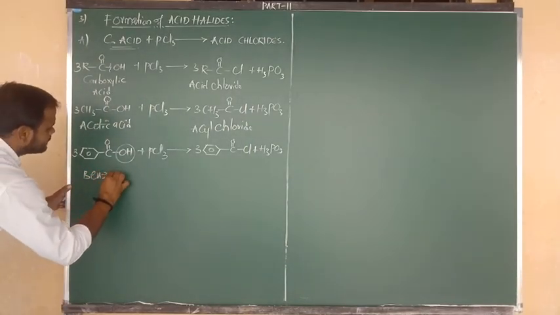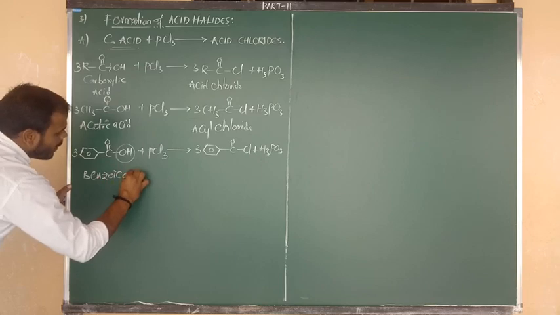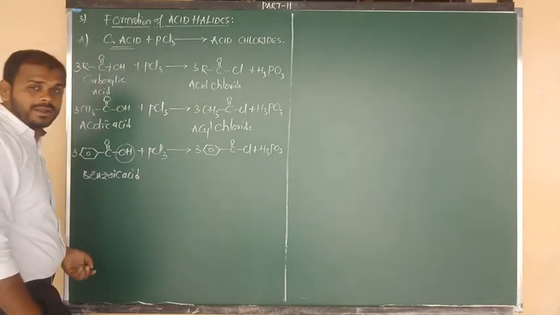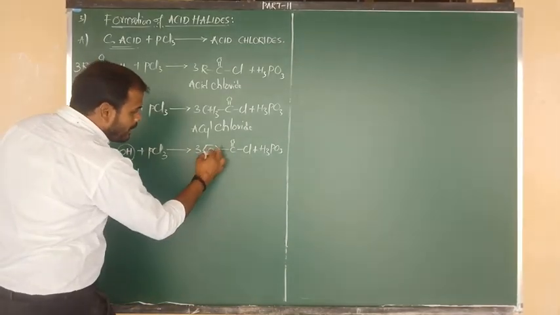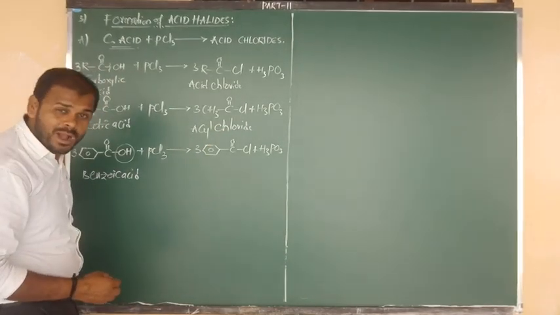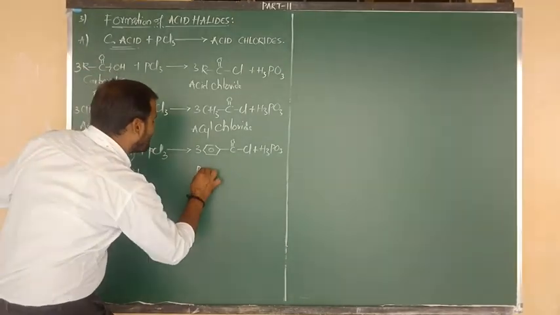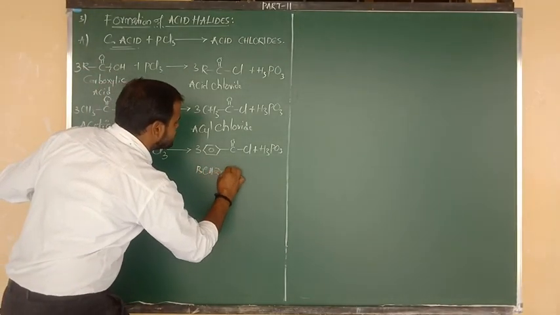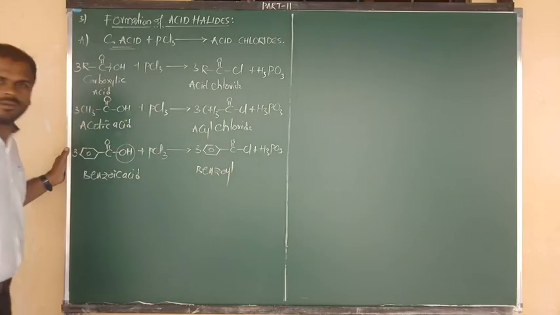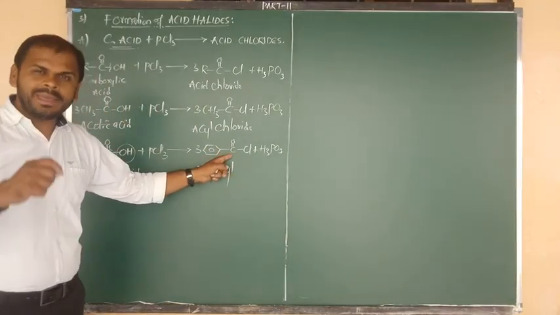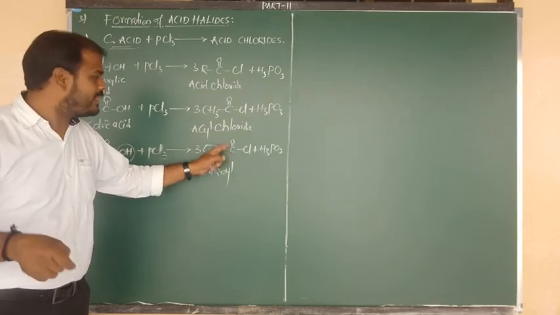Benzoic acid, upon reaction with phosphorus trichloride, is going to form the product, which is benzene bonded to C double bond O. What is the name of such a formula? The name we can write is benzoyl. Benzoyl means benzene bonded to C double bond O, keto group.